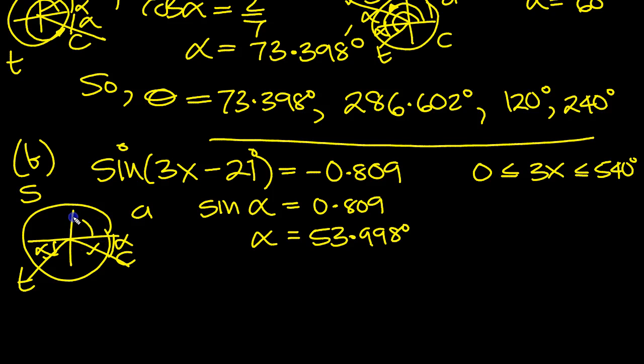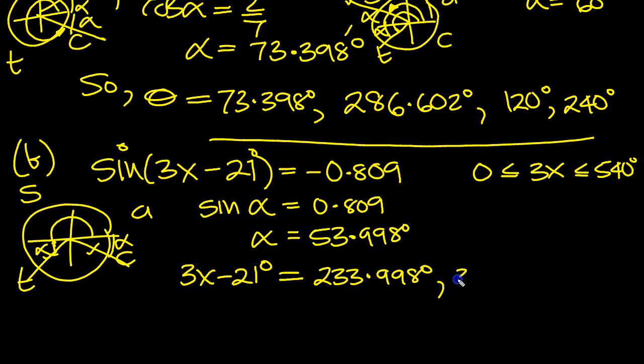So our first solution will be round to here, which is 3x minus 21 degrees equals 180 plus 53.998, which is 233.998. And the other solution, we go round to here: 360 minus the 53.998, so that's 306.002 degrees.